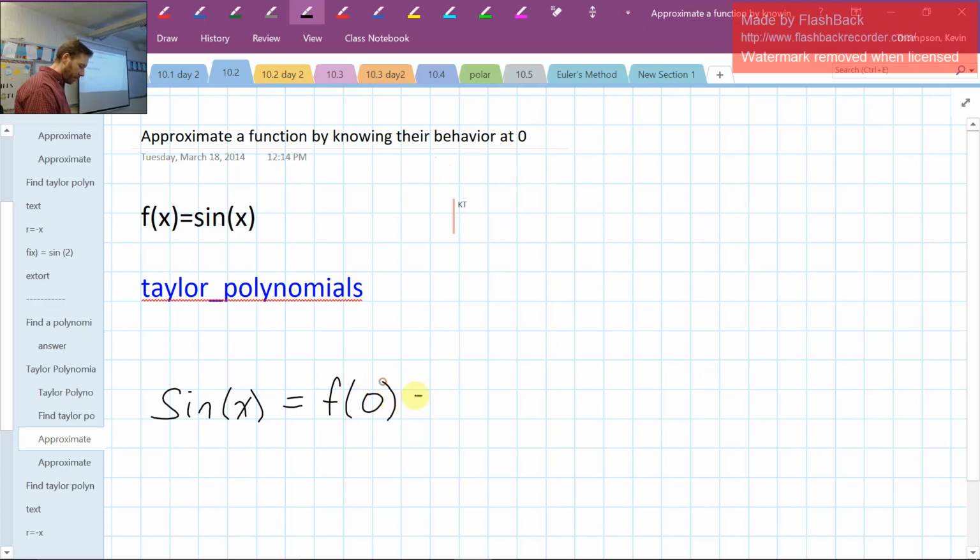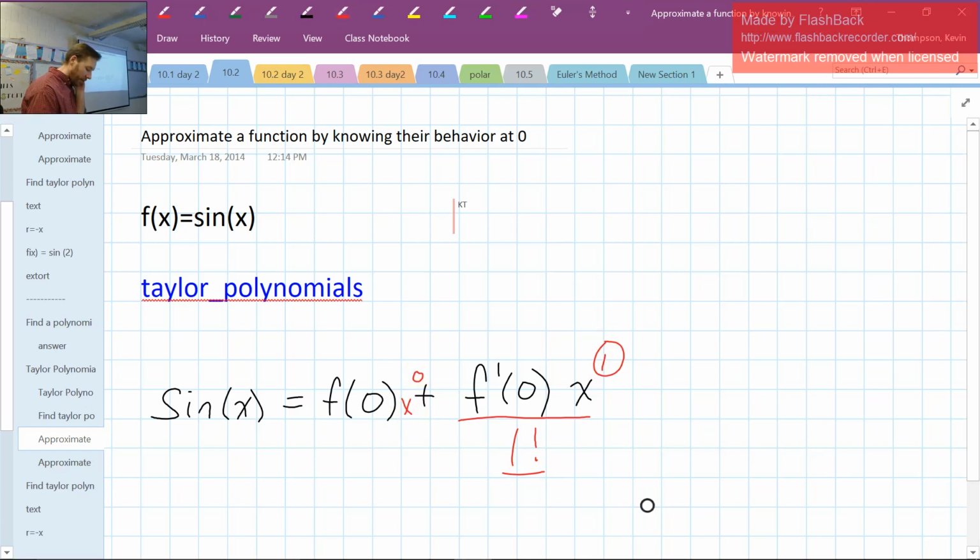So f of 0 plus f prime of 0 x. Now if you wanted to keep this totally consistent, you could divide this by 1 factorial. Again, do you notice that's really the power of x here that I'm dividing by? And if you wanted to keep it even more consistent, you could say x to the 0 there. And we talked the other day that 0 factorial really is what number? 1.